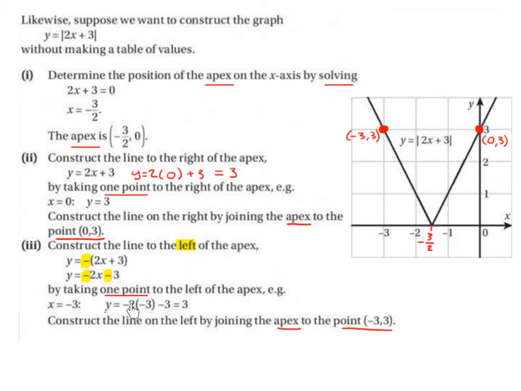Minus 2 by minus 3 is plus 6, and 6 minus 3 is plus 3. So we get an x value of minus 3, a y value of 3. Construct a line on the left by joining the apex to the point minus 3, 3. So go to minus 3 on the x-axis, 3 on the y-axis, plot our point, join them together, join the apex to the line, and continue it on as far as you want on your graph. It doesn't have to stop at those 2 points.